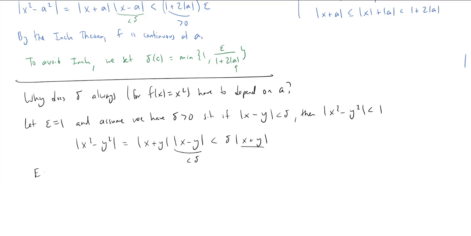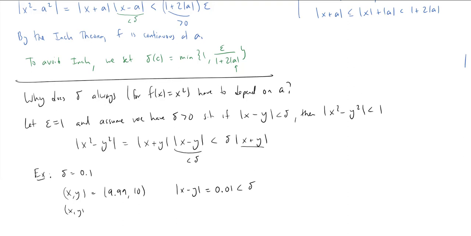So for example, if delta was equal to 0.1, I could let my pair x comma y be 9.99 and 10. So x and y here are exactly 0.01 apart, which is certainly less than delta.